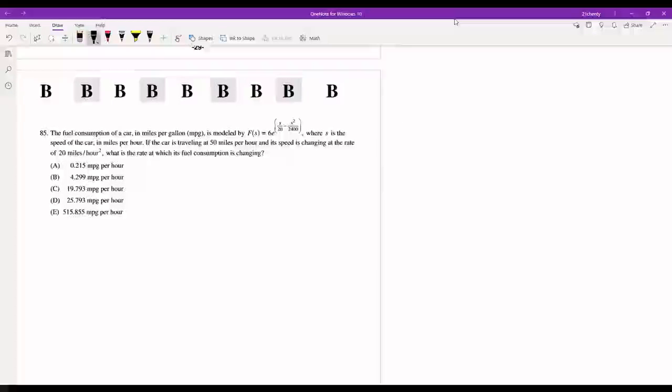Okay, so we're trying to find, what is the rate at which its fuel consumption is changing? So fuel consumption is F of S. So we're trying to find dF over dt. In order to find that, we have to differentiate both sides with respect to time.